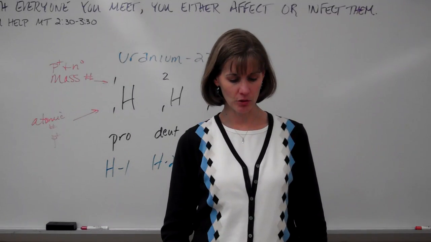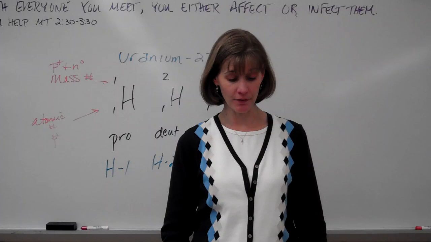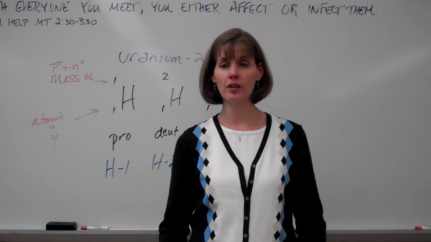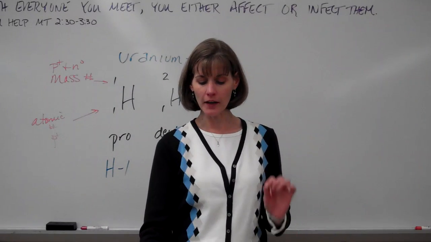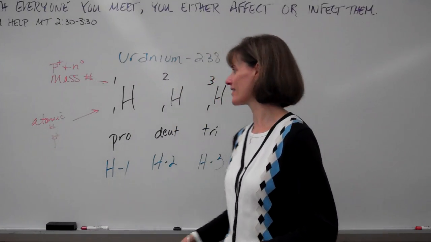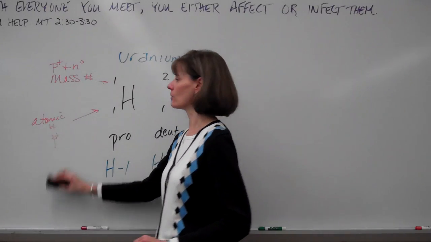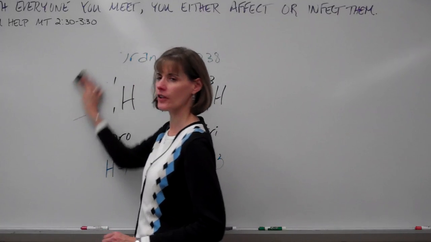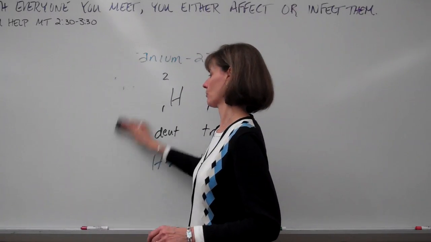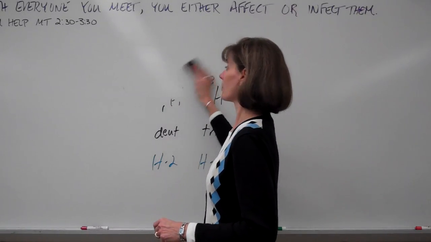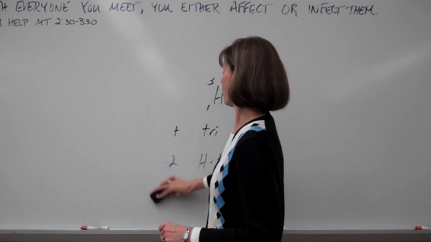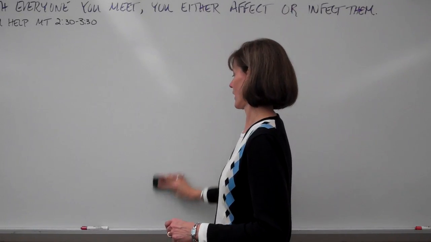All right, 25. The standard of atomic mass. What exact isotope do we use to compare all of the other elements on the periodic table to? Carbon 12. What are two ways to write that?